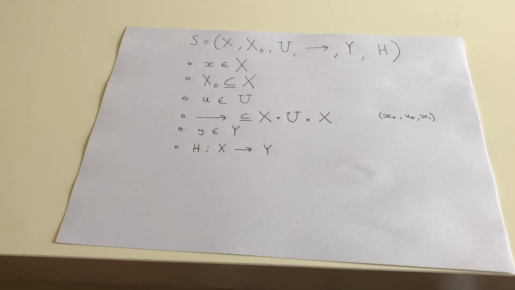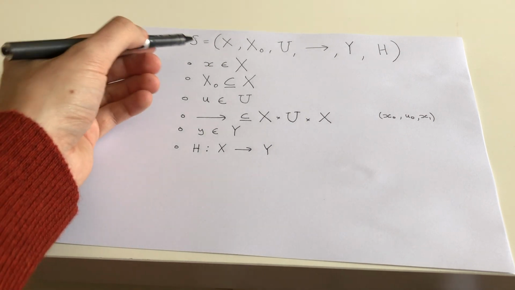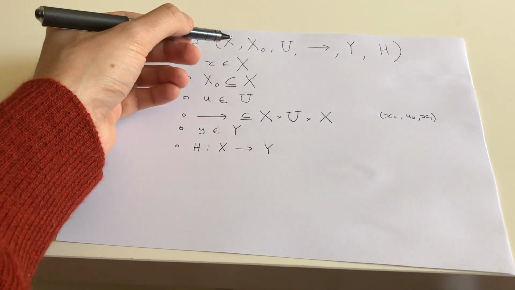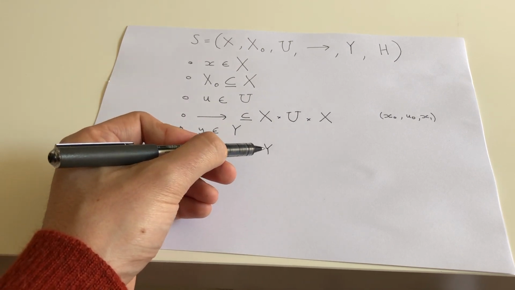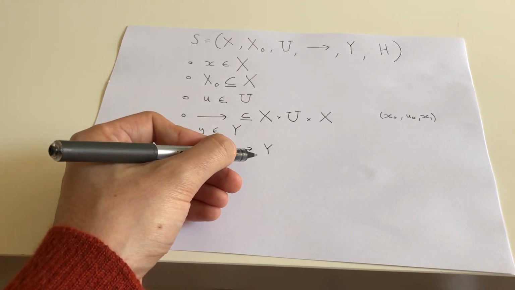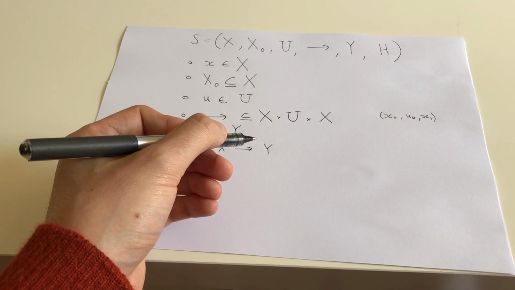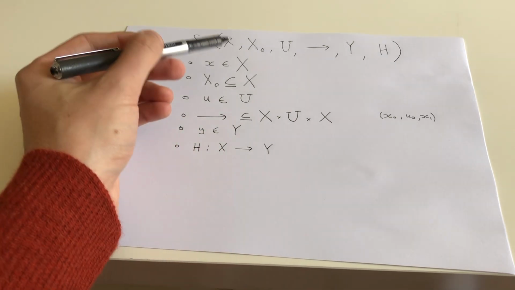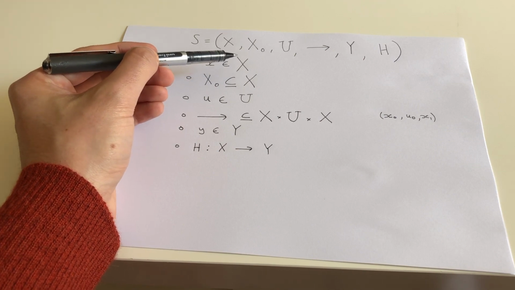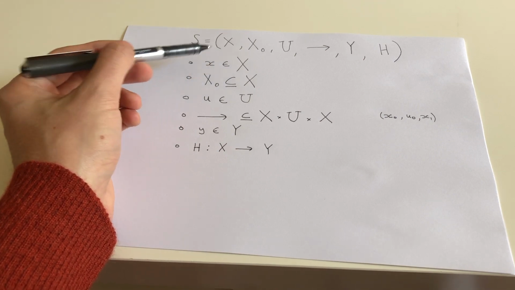A few things to say on this. These states X are considered to be internal to the system, while the outputs Y are generally externally visible to, for example, other systems or to the user. If X is a finite set of states, then the system is finite.